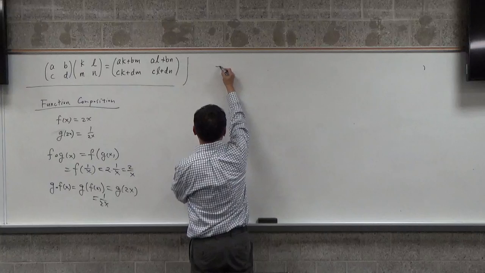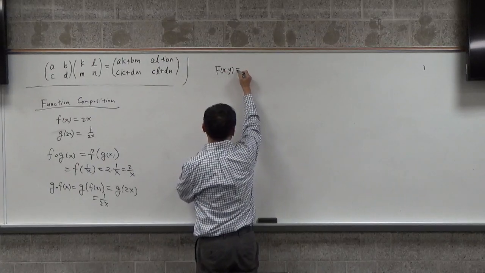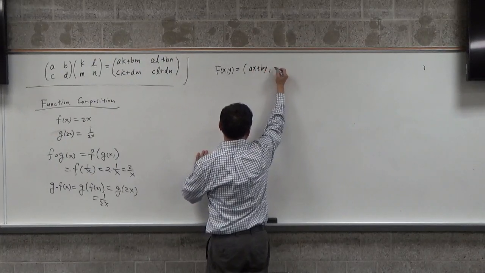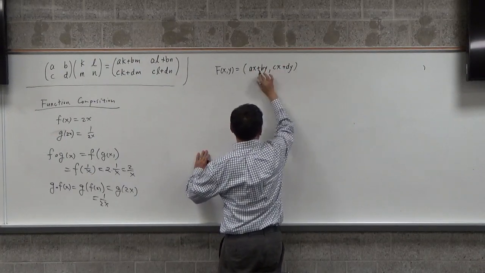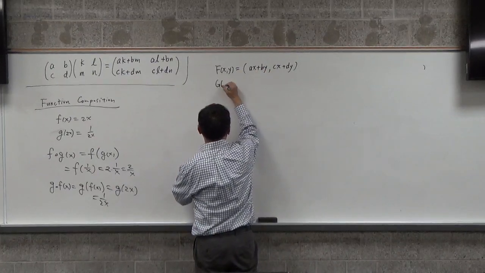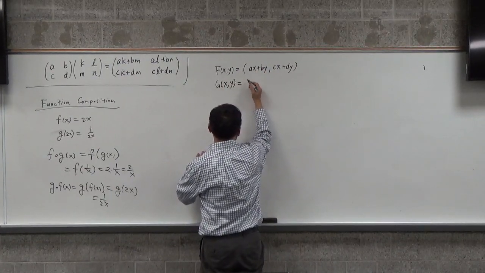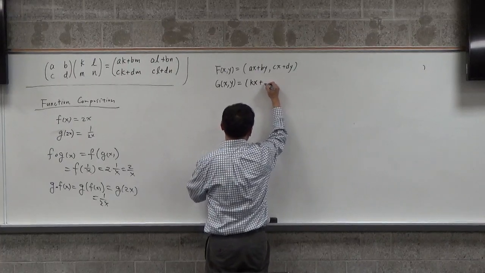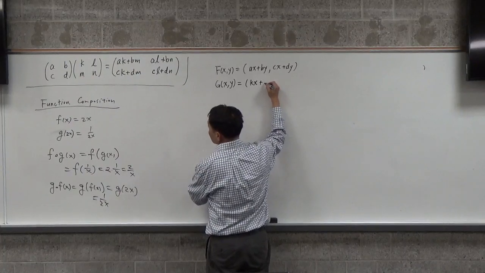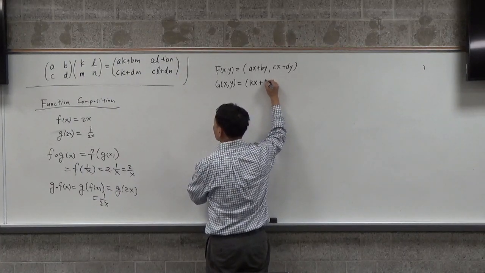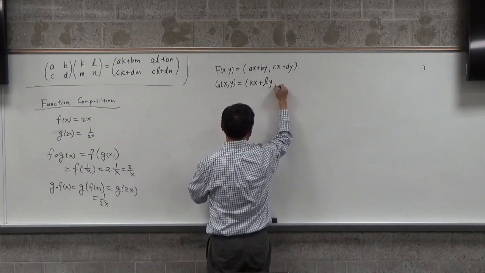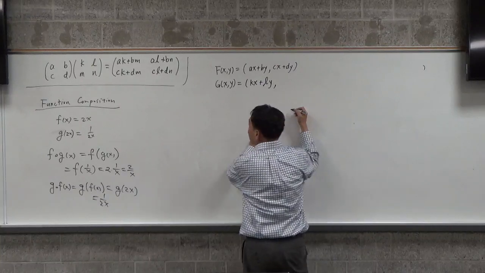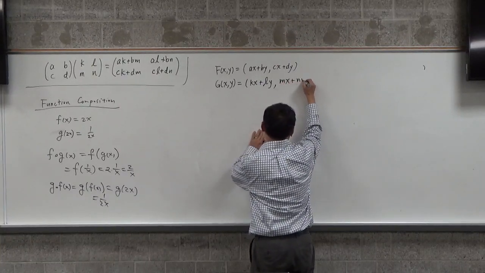So if you have f of xy, let's say f is a linear function, ax plus by, comma cx plus dy. And let's take another operation, g of xy, and let's say this is kx plus ly, and then mx plus ny.